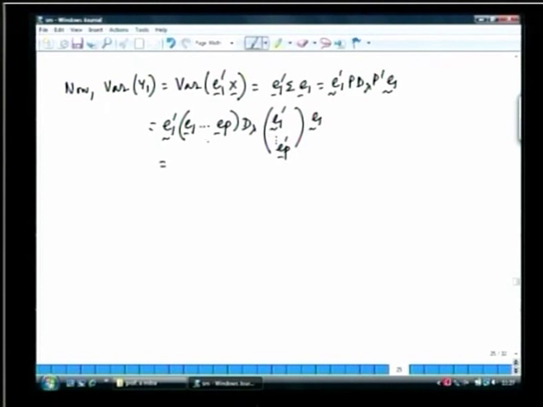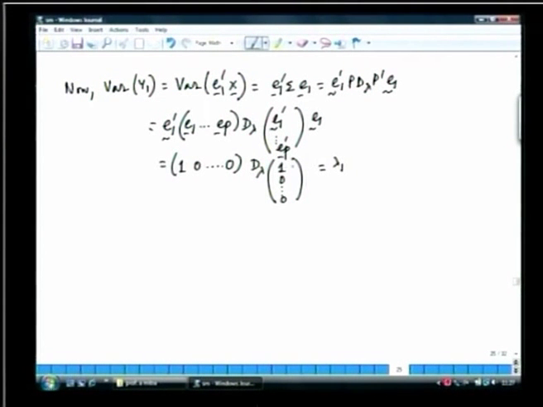If this is so, by the fact that these Ei's are orthonormal, combining this vector and this matrix is going to give me the vector 1 followed by 0s, and here I have the diagonal matrix, and similarly I have the vector here. So, this is nothing but lambda 1, because the first diagonal element of D lambda is lambda 1, and only this is coming into the picture with 1 as the members here.